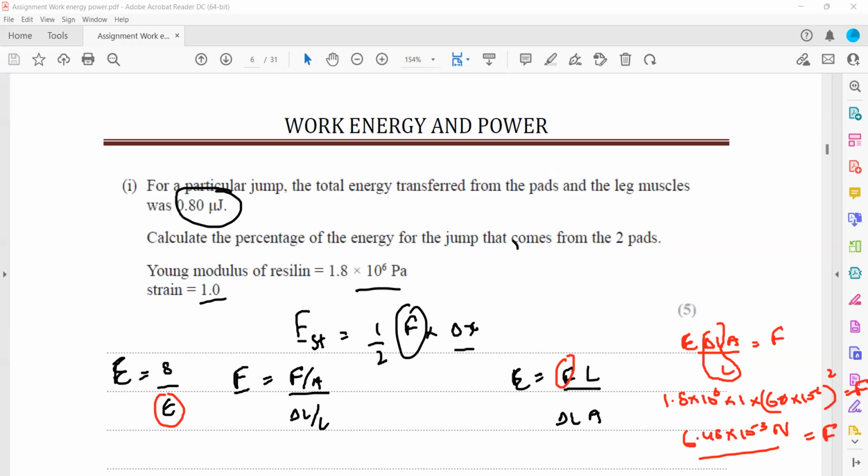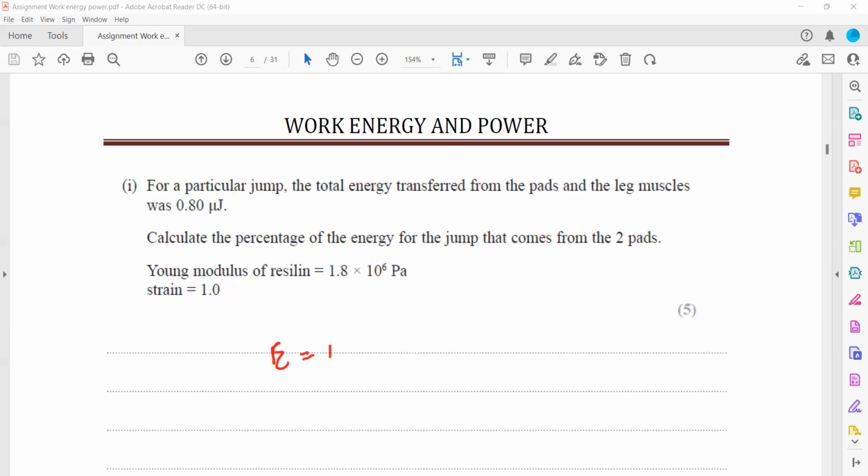After finding the force, we'll find the elastic strain energy. That will be the elastic strain energy in one leg, but as there are two legs, it will be multiplied by 2. Elastic strain energy is half force multiplied by extension, or in this case the compression.